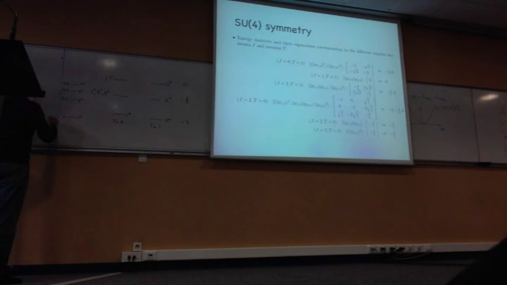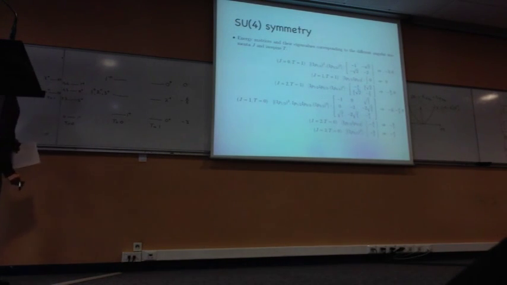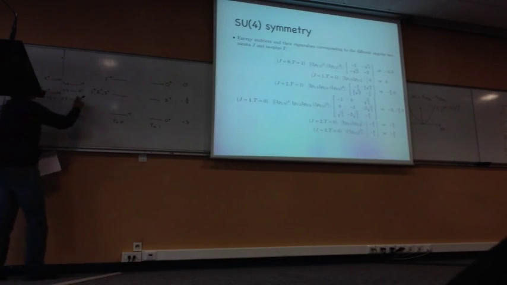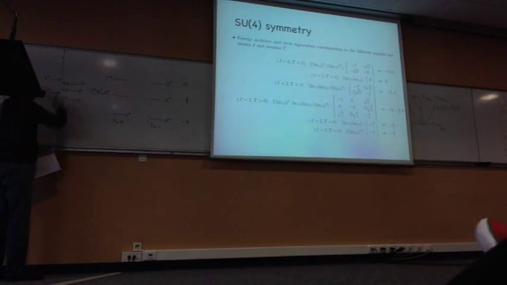Then there are T equals 1 states, a 0 and a 2 plus at 5.3, 3.6. So you see the splitting of this multiplet, 3 plus, 2 plus, 1 plus.